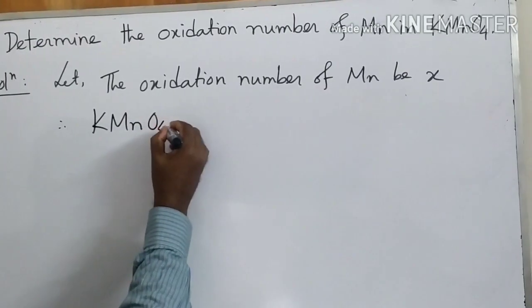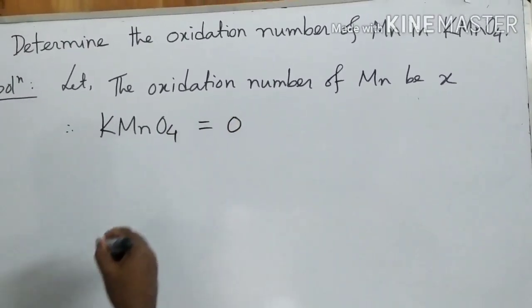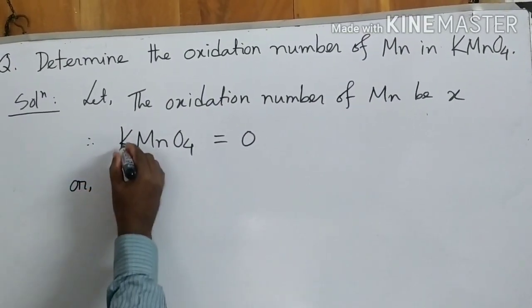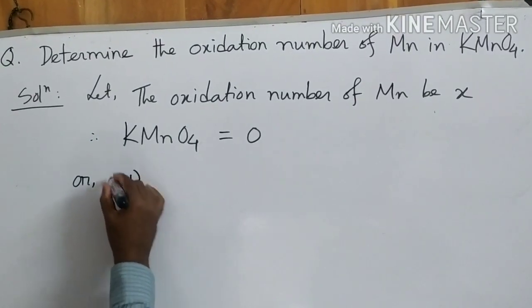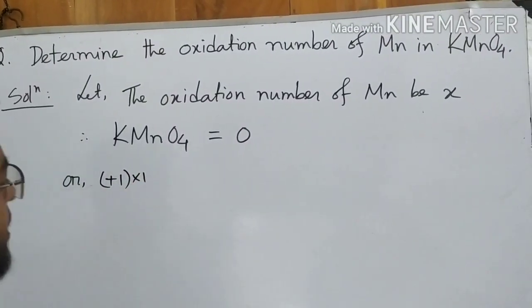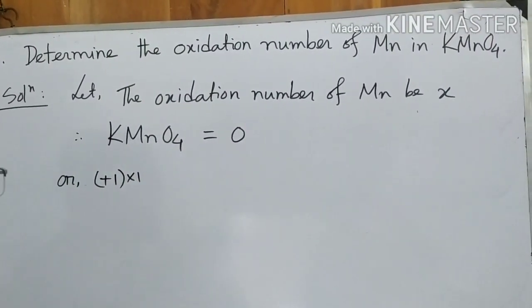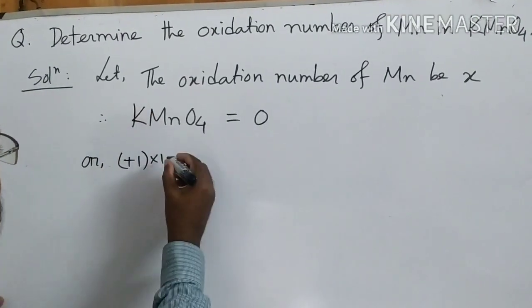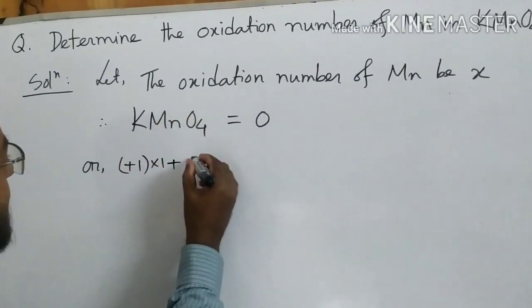Now we know that the total oxidation number in a compound equals 0. Now potassium is +1. It is an alkali metal, and we know that the oxidation number of an alkali metal is +1. Now manganese, I let it be x.